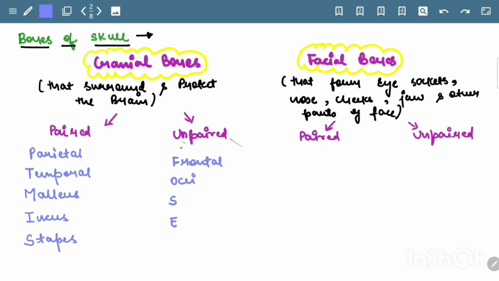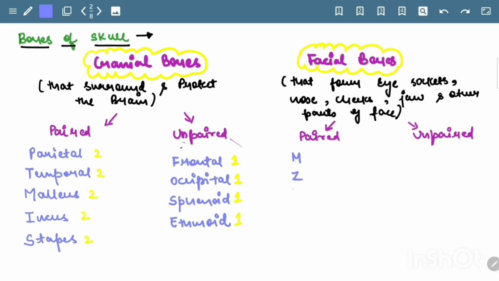Whereas unpaired have frontal, occipital, sphenoid and ethmoid. Actually, some of the books mention that cranial have 8 bones and facial have 14 bones, but here I took content from BD Chaurasia latest edition in which they mention that both have 14 bones.